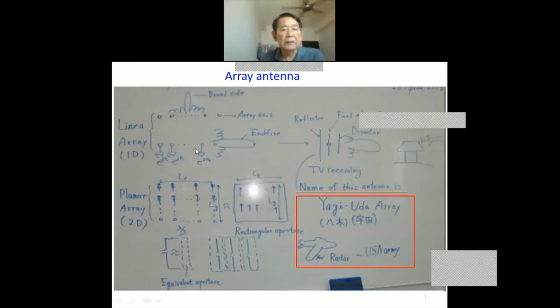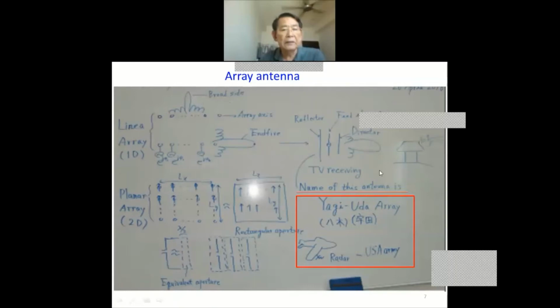This is called end fire, the end direction of the array arrangement. So radiation performance is of two types: broadside radiation and end fire radiation.